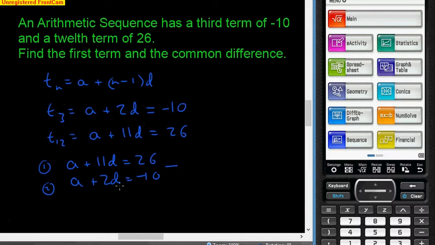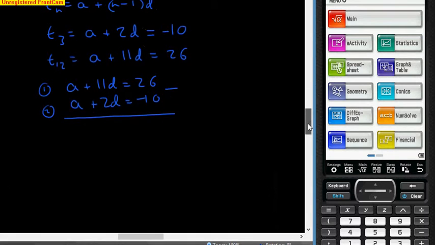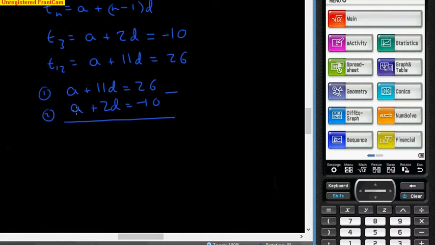I'm now going to subtract them. If you subtract them, you get A minus A, which is nothing. You get 11D minus 2D, which is 9D. And here we get 26 minus 10.